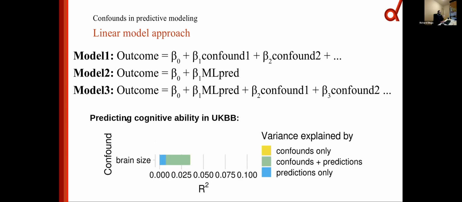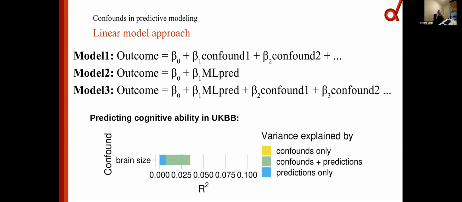And what I can do is an analysis of variance type of decomposition of what I'm predicting. Here I'm predicting IQ in UK Biobank data using the brain image, the traditional brain image predicting IQ, with a linear model, and I evaluate how well this model works.